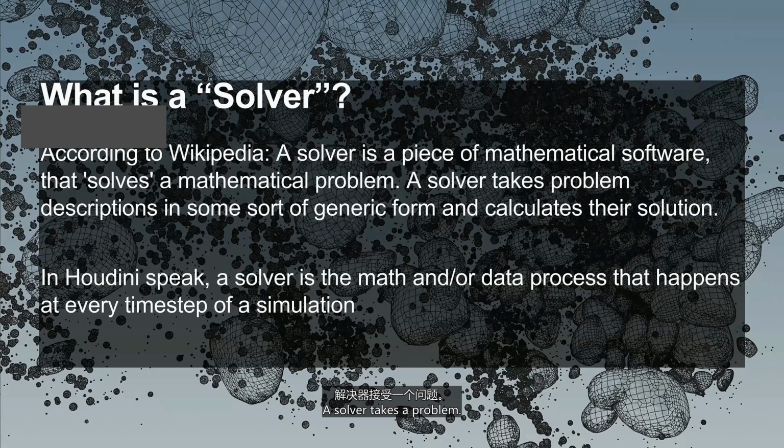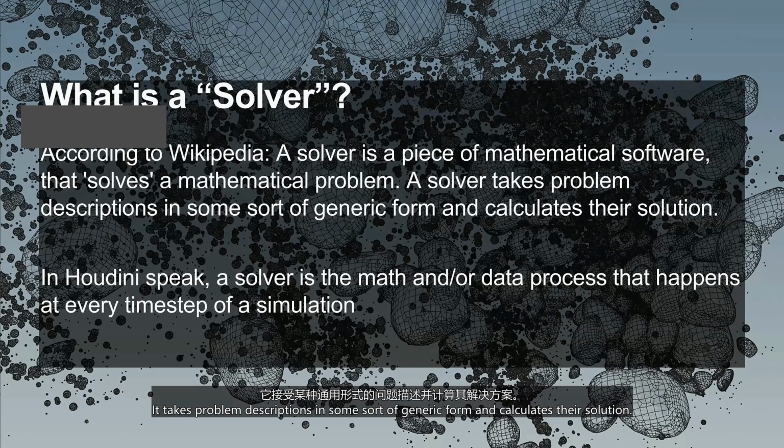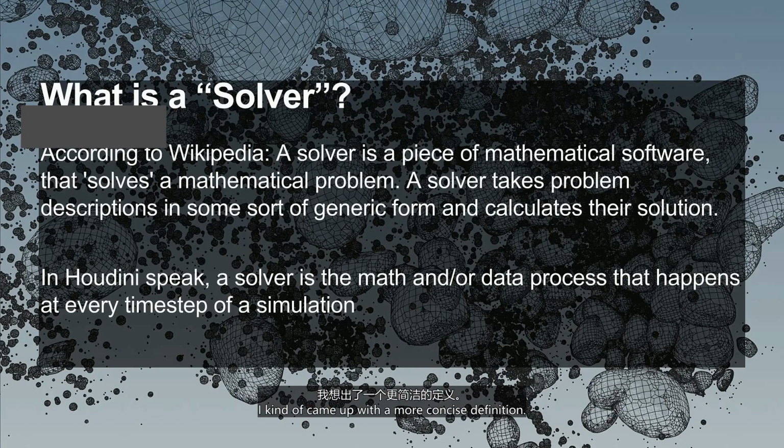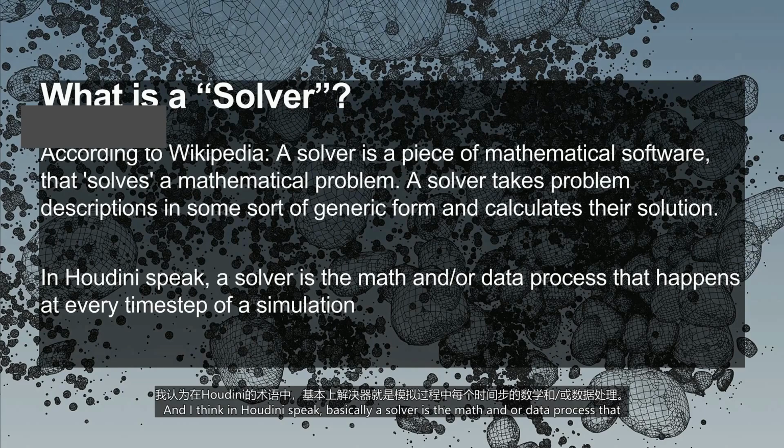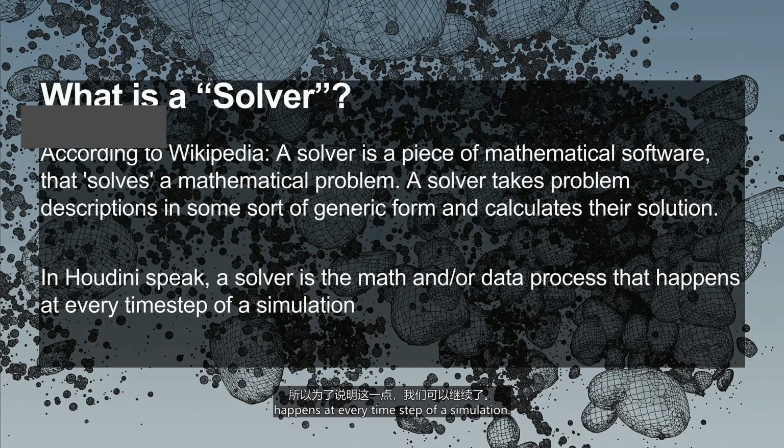A solver takes problem descriptions in some form of generic form and calculates their solution. I kind of came up with a more concise definition, and I think in Houdini speak, basically a solver is the math and/or data process that happens at every time step of a simulation. So just to get that out of the way, we can move on.